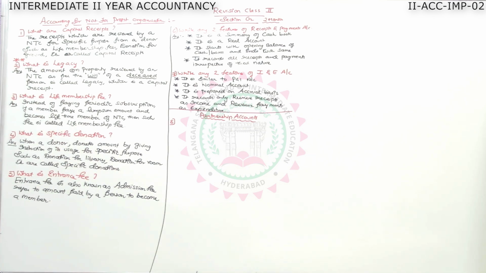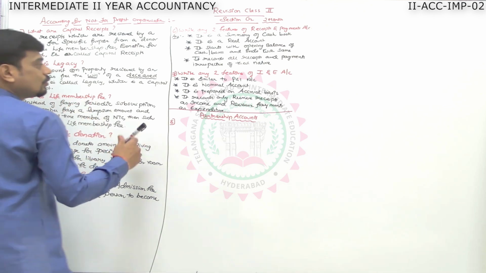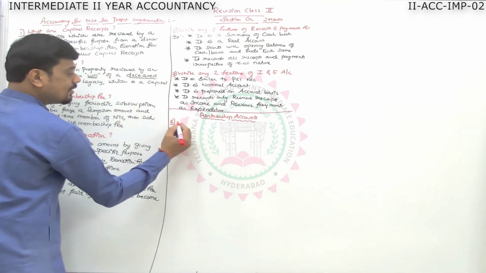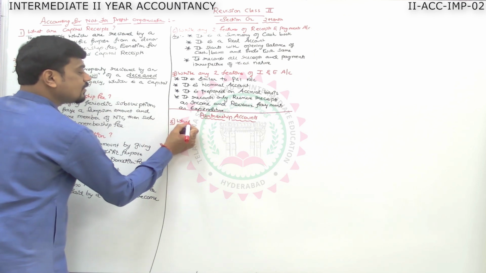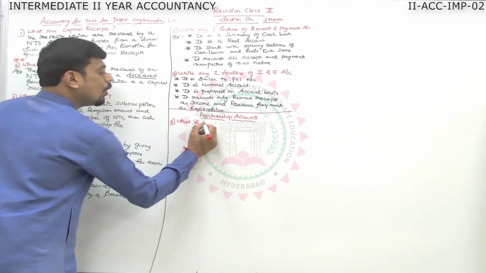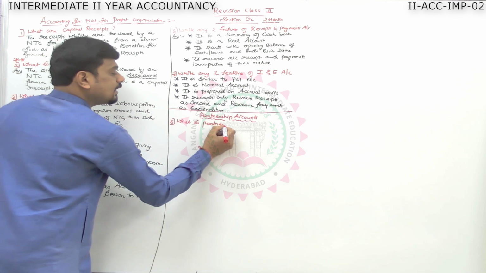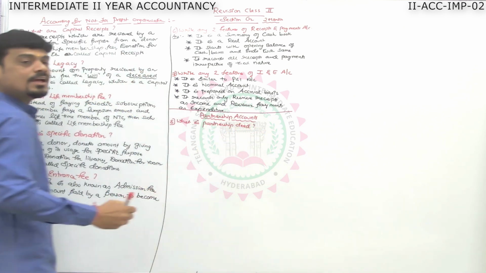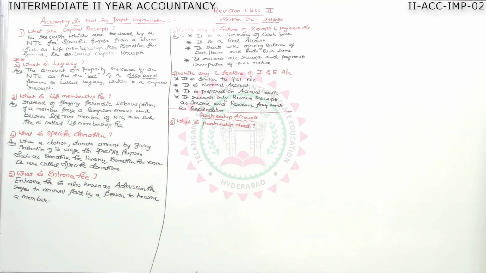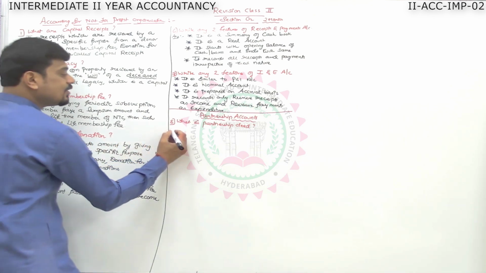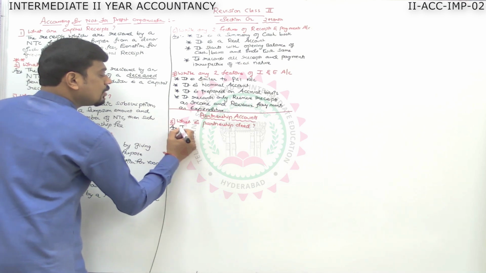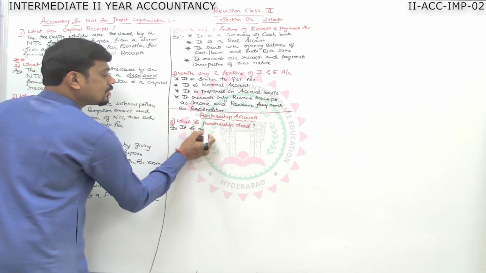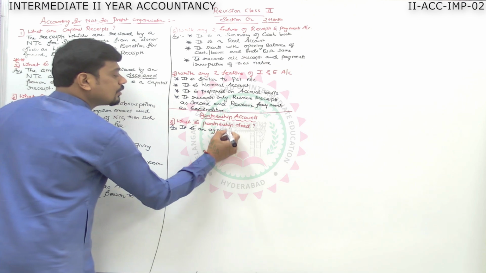Yesterday we discussed about 14. So, today I started again with 1, 2, 3. So, the most expected question is, I expect the examiner to ask you, what is partnership deed? This is the question. What is partnership deed? Then our answer will be, it is an agreement.